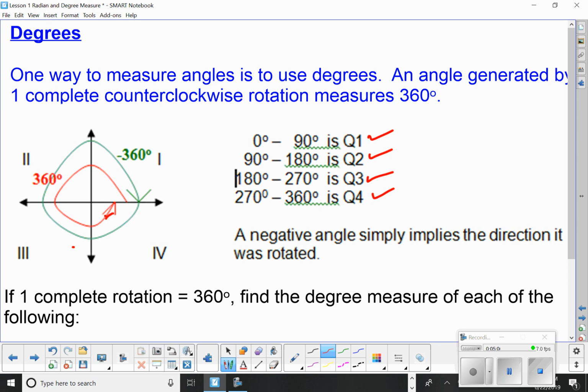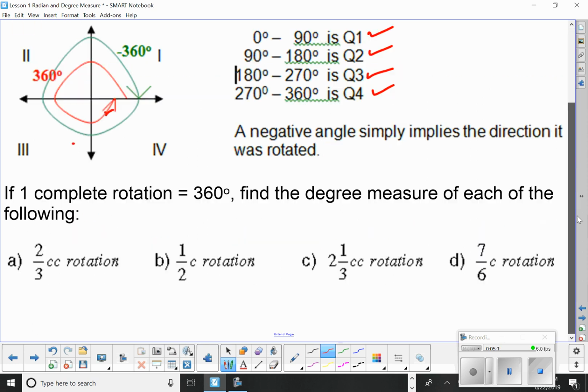Okay? If one complete rotation is equal to 360 degrees, find the measure of each of the following. Now, realize that when you're going around something, you can actually go around a circle more than once. It's not linear. When you go straight out from a point, you can keep going farther, or you can come back, but you're not looping around. With a circle, you're looping around.